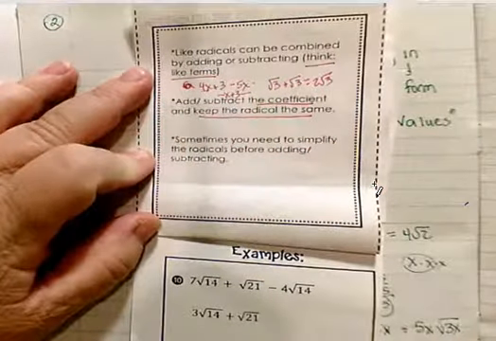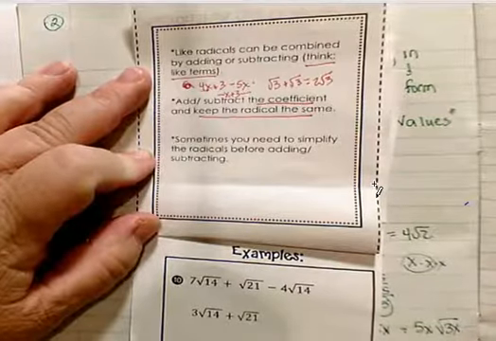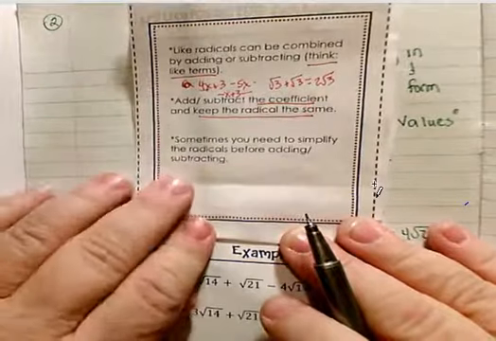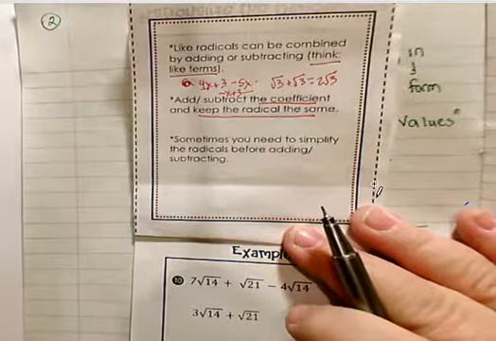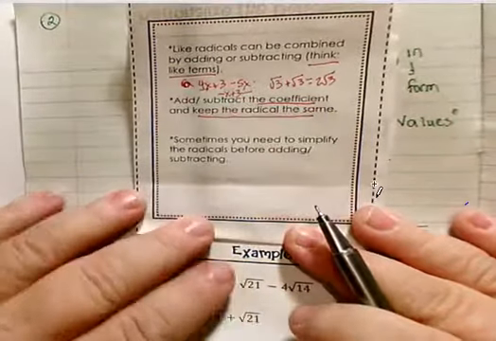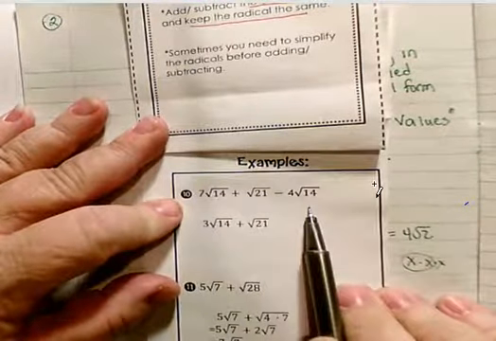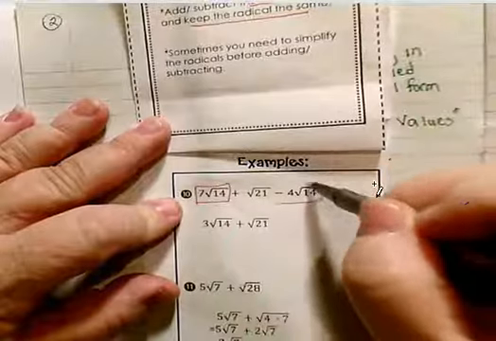Okay? And then sometimes you have to simplify before you can add or subtract. Maybe they don't already look alike, so you have to see if they can be simplified so you can tell if you have a like term. So let's take a look at an example down here. In this case, we know the square root of 14 terms are like terms. So we've got this one and this one.